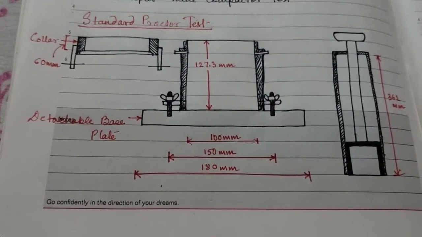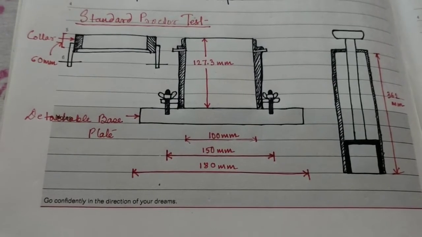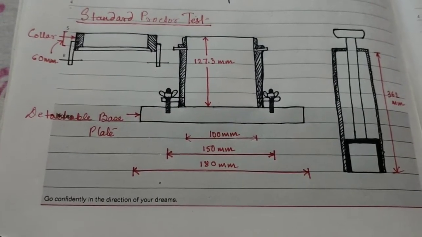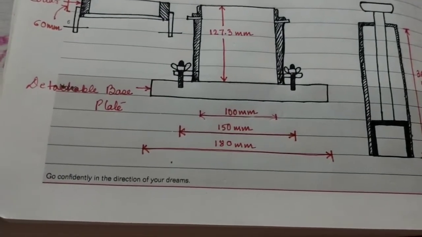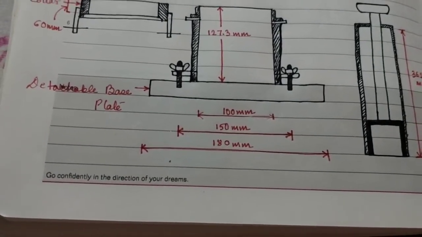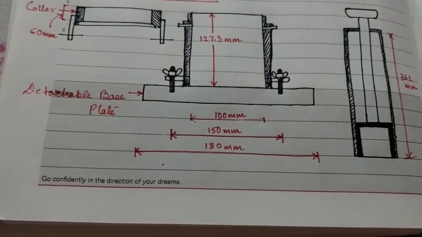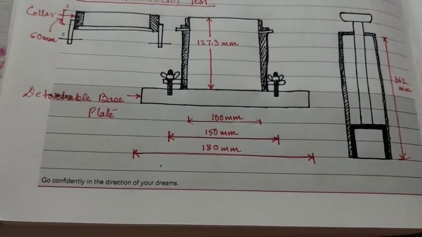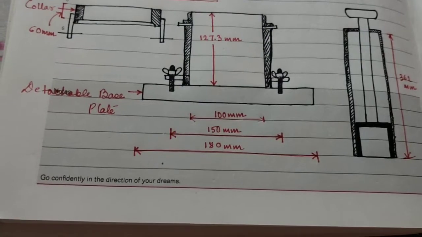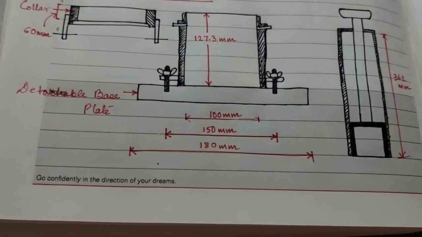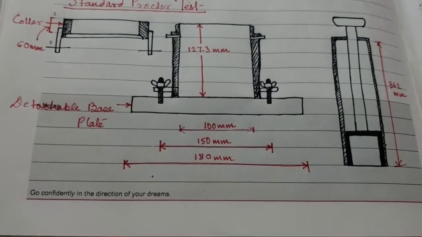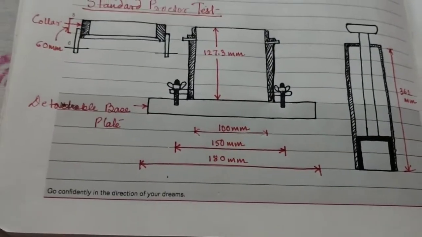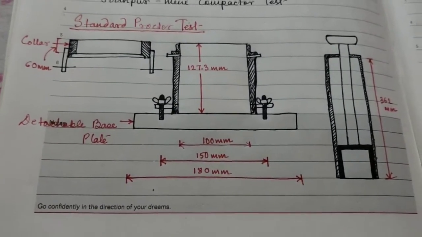After 24 hours the soil is weighed again, and how is the water content determined? The weight of water, obtained by subtracting the weight of the soil after oven drying from the weight before, is divided by the weight of the dry soil and multiplied by 100. Then we can easily obtain the value of the water content. So from that procedure, water content can be determined.